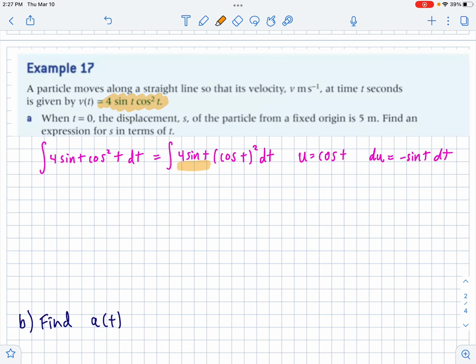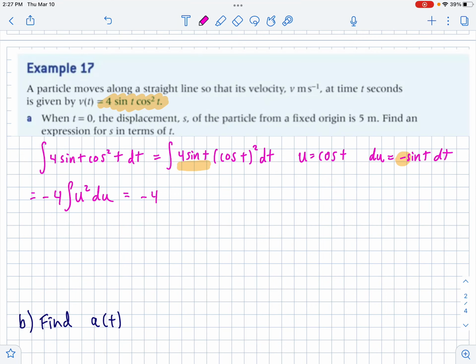Now in the integral, I see that there's no negative. So when we integrate this, the 4 is going to have to come on the outside when we rewrite it in terms of u. So it's going to be a negative because of this negative right here. 4 integral u squared du.